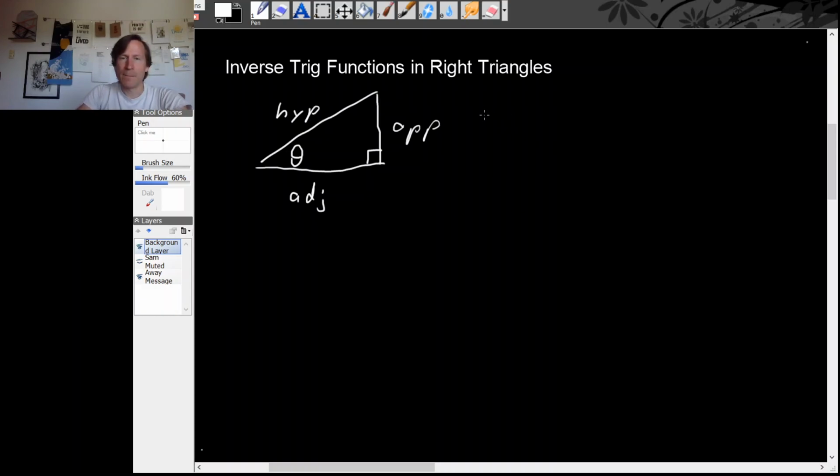So the trig functions in a right triangle are just ratios of sides. Just for example, sine of theta is the opposite side over the hypotenuse.